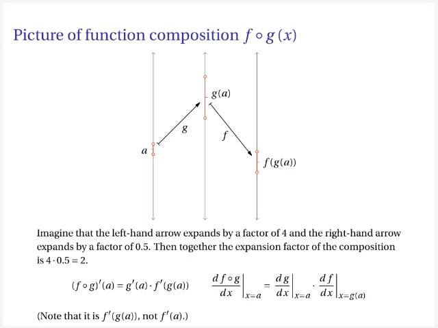Composition is where you do one function after another. I already talked about how in f circle g, it is the g that's done first, it's the f that's done second. So here in my picture, I'm starting with an a, moving to a g of a, and then finally f of g of a. Imagine in this picture that g expands the input interval by a factor of 4.